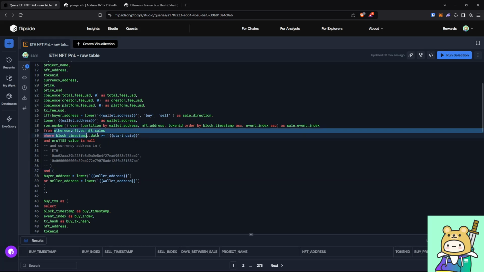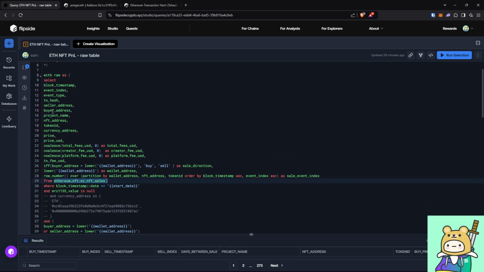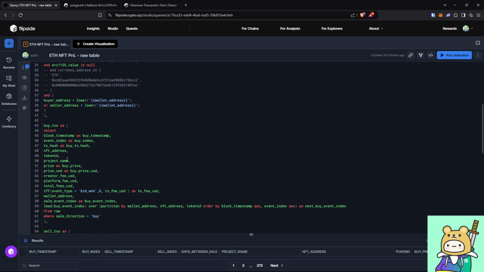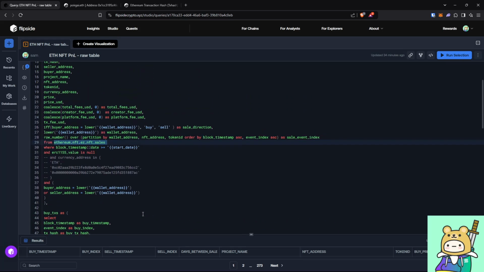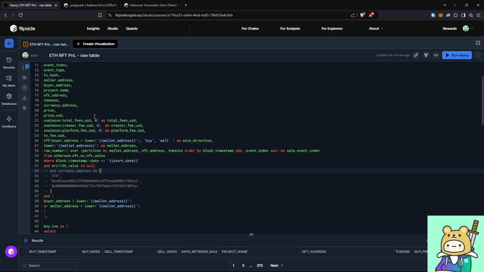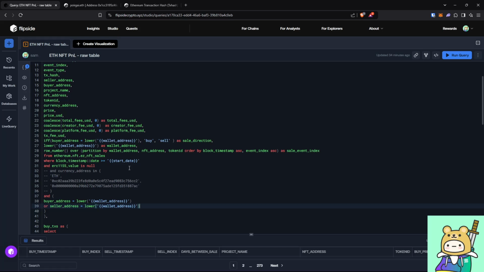I think most queries do the other approach, where you would say buys and then look at the NFT sales, and then sells and look at the NFT sales table again. In most cases this is more efficient, but in some cases the other way might be better.